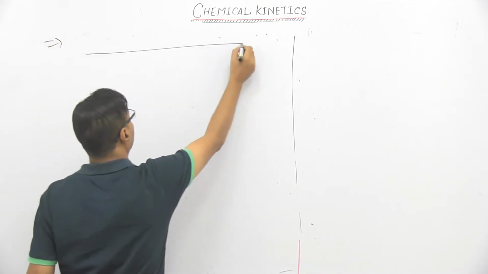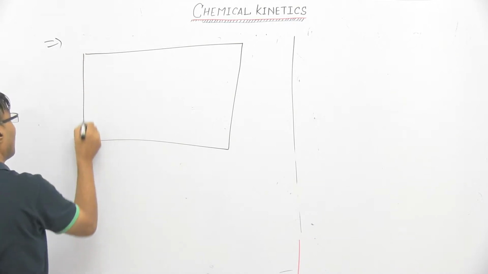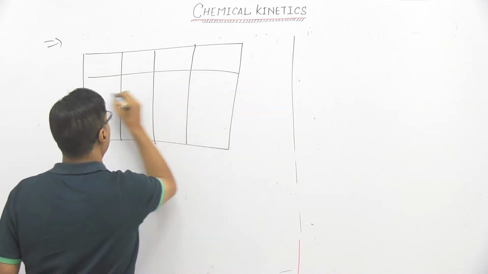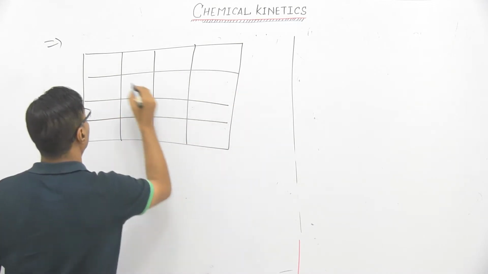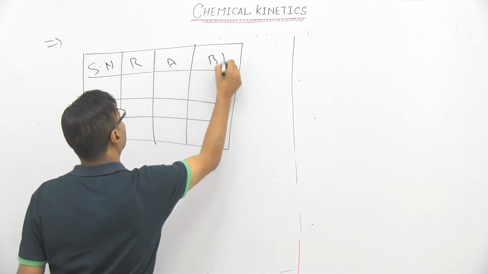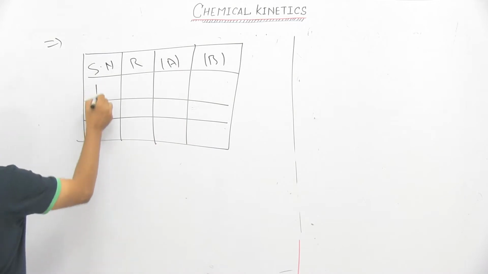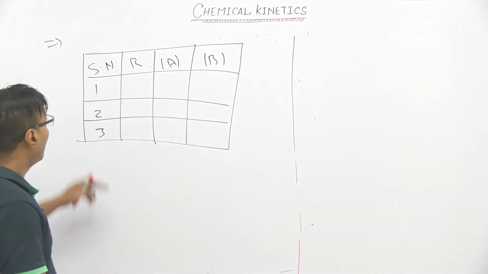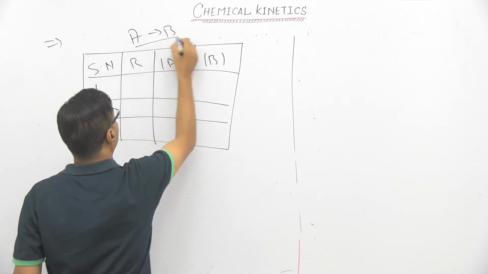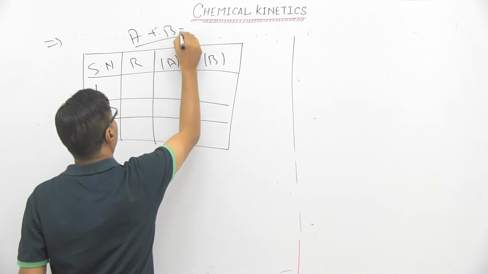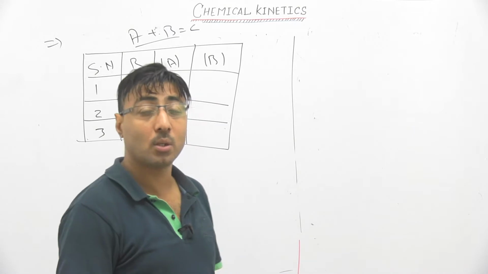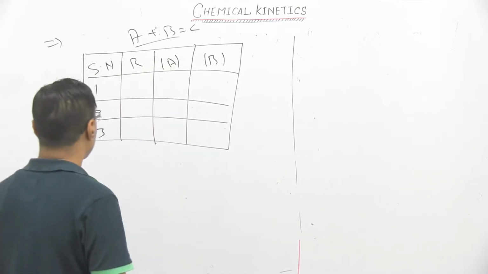This table is for a reaction A plus B is equal to C. So rate will depend only on A or B. It is not going to depend on C.